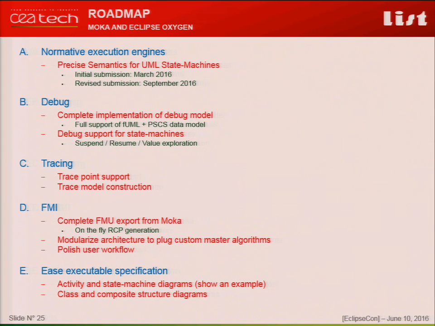And of course, the user workflow still needs to be improved. For the moment, the FMI part is really ongoing work. Okay, and there is another part which is related to the ease of specifying model execution. This is work that will be done directly on the Papyrus editor to make sure that we need few clicks to get to a fully executable model.